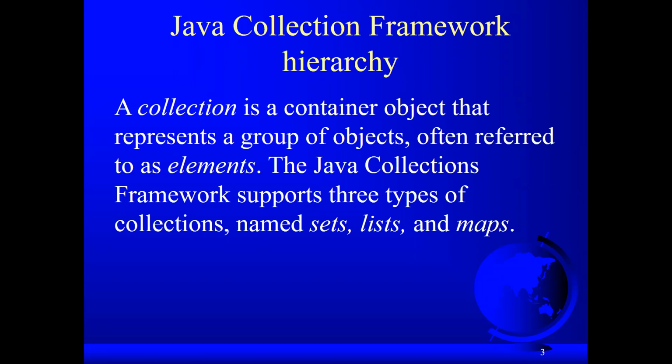Both store objects, and both are index based. We can traverse the array, fetch each element, and do some manipulations. Similarly, in a collection we can traverse through it and do some manipulations on the collection of elements.